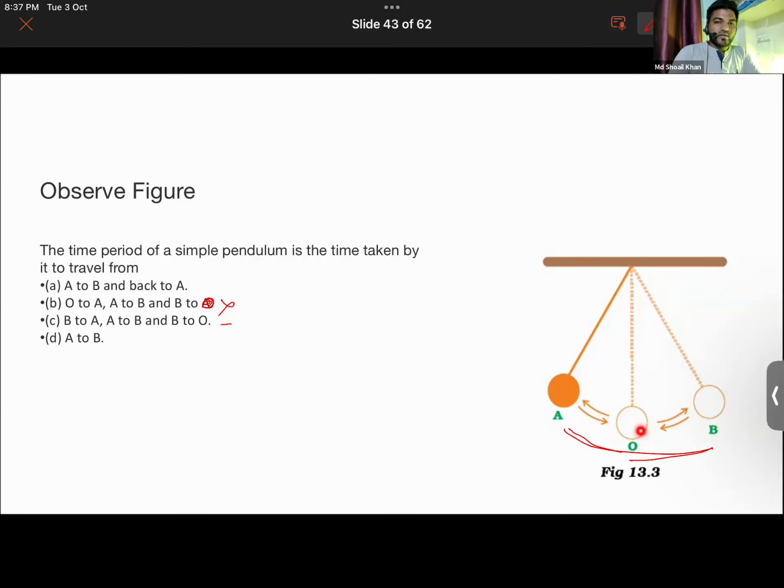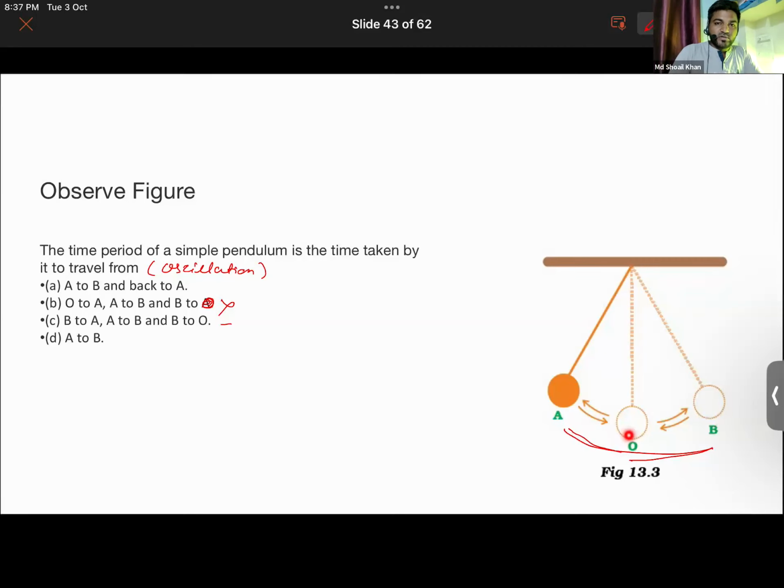Oscillation we can calculate in two ways. You guys know the time period of a simple pendulum is the time taken by it to complete one oscillation, right? Here we are basically talking about oscillation. When we talk about the motion of this bob, we are actually talking about the oscillation.